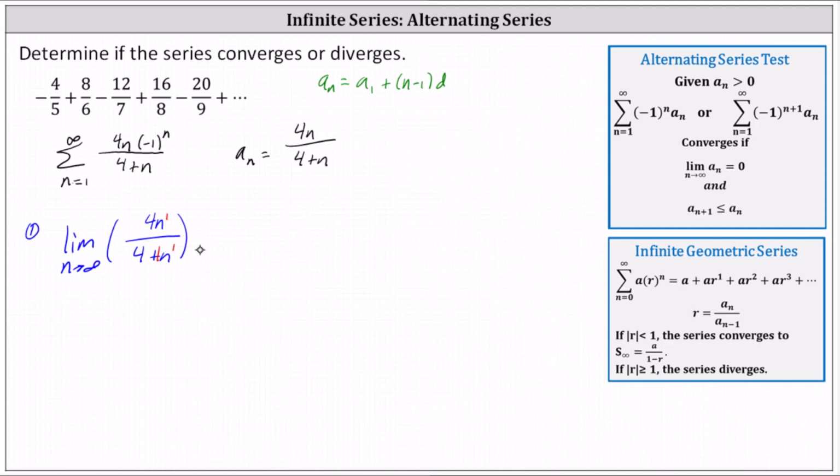Or we could apply L'Hopital's rule, which states this limit equals the limit as n approaches infinity of the derivative of the numerator with respect to n divided by the derivative of the denominator with respect to n. Well, the derivative of 4n with respect to n is 4. The derivative of 4 plus n with respect to n is 1, giving us the same limit.